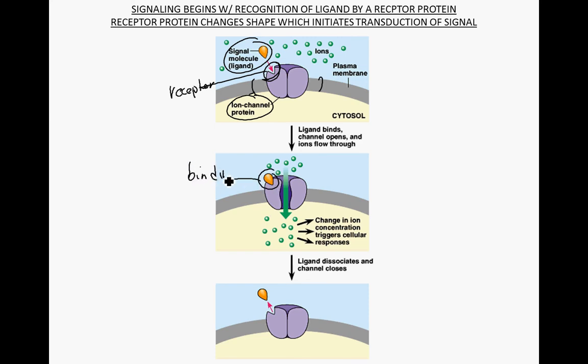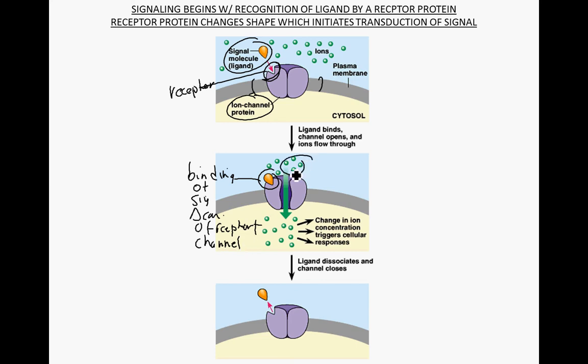So this is a theme as well. So binding of the signal, you change the conformation of, in this case, the receptor as well as the channel. And this channel then opens.